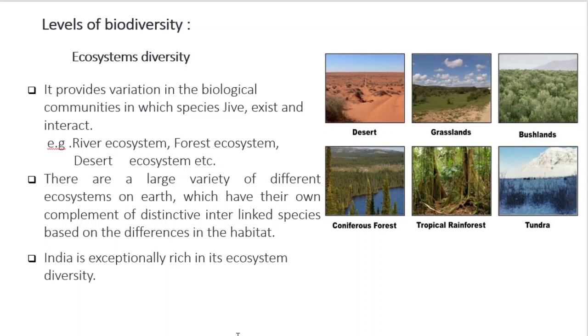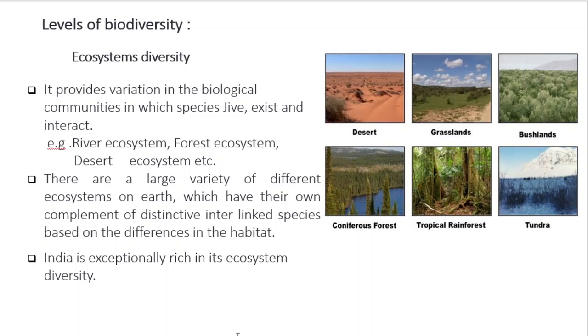habitat. India is exceptionally rich in its ecosystem biodiversity. In the previous lecture, we saw that the ecosystem totally depends on the weather conditions of the environment. For example, temperature, quality of the soil, monsoon levels, heat, and atmospheric conditions, that is, the heights. All these factors affect the growth and development of the ecosystem.